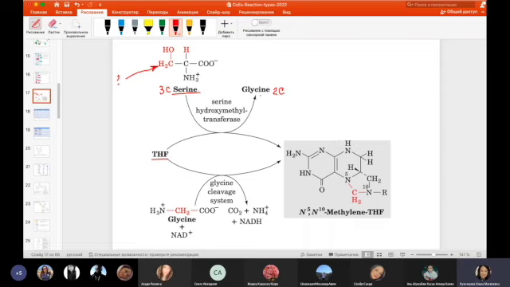This reaction is catalyzed by serine hydroxymethyltransferase. Really, it is a reversible reaction, and glycine can be converted to serine again. Tetrahydrofolate can be used as a donor of one carbon fragment. If we are speaking about direction serine to glycine, one carbon of the serine is transferred to tetrahydrofolic acid, forming this form of tetrahydrofolate.